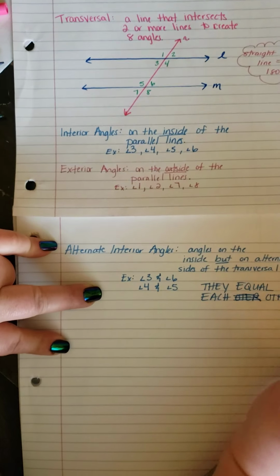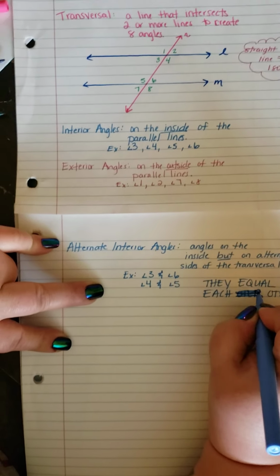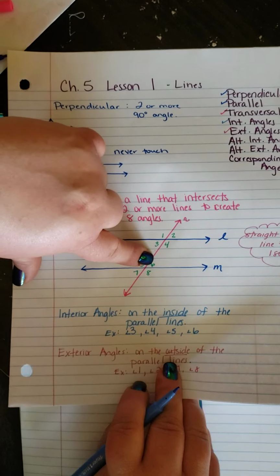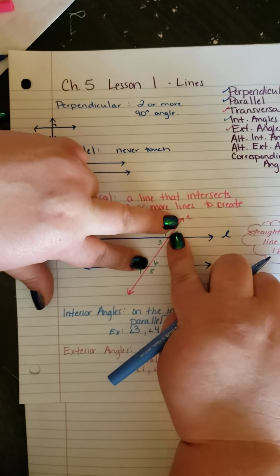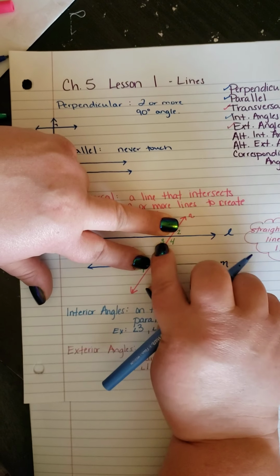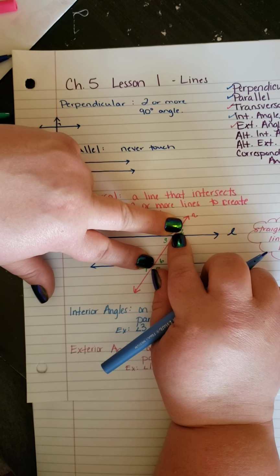Oops. They equal each other. If you take a look at angle 3 and angle 6, if you were to take out these other angles, you can kind of see, hopefully, that they look similar. They are, in fact, equal to each other.